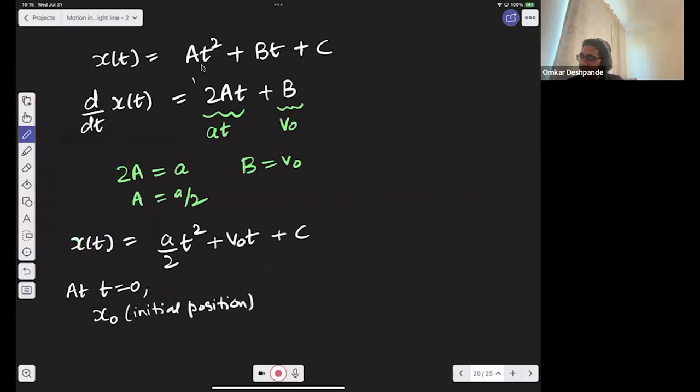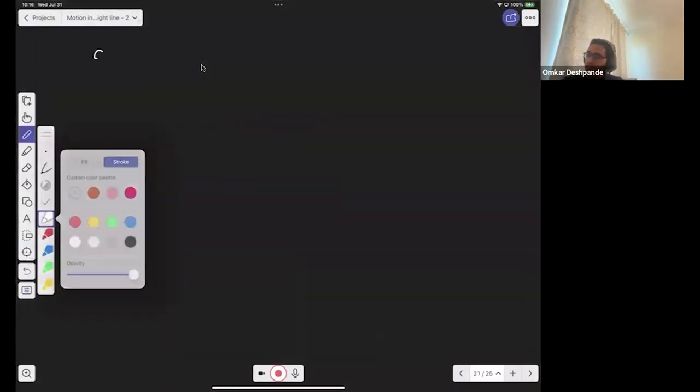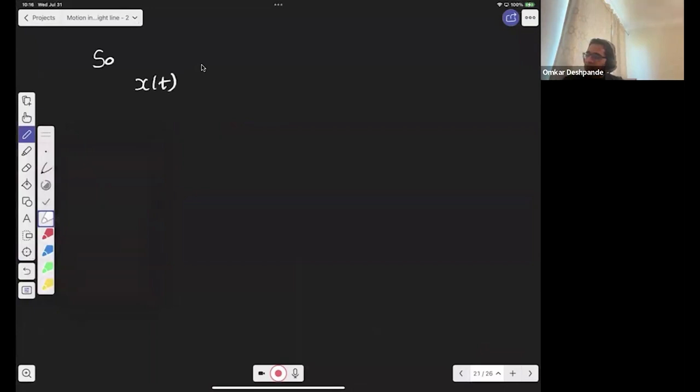That is equal to, according to this formula, 0 plus C. So my constant C is nothing but my initial position. So I can finally write my x(t) is x0 plus v0t plus half at squared.